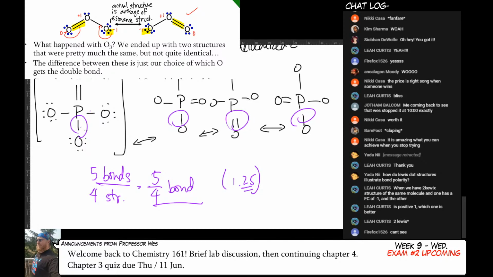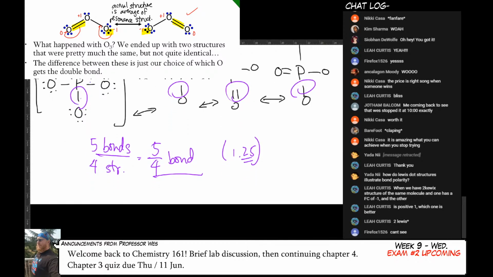Now this is useful because, we'll write this down here. Bond strength relates to bond length. Okay. What is the length of a bond?